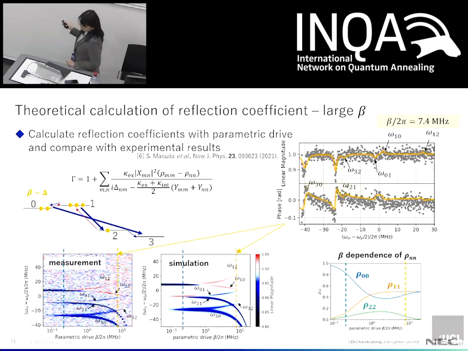Omega 1,2 and omega 1,0 were degenerate in the previous condition, but in this condition these two are separated, and both peaks change from absorption peaks to emission peaks.